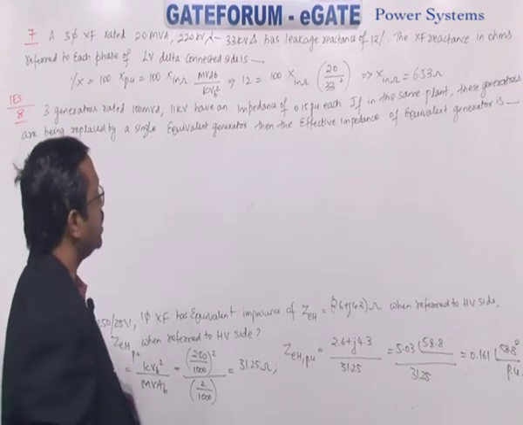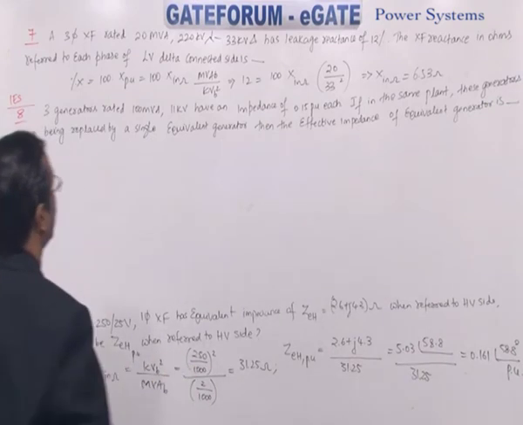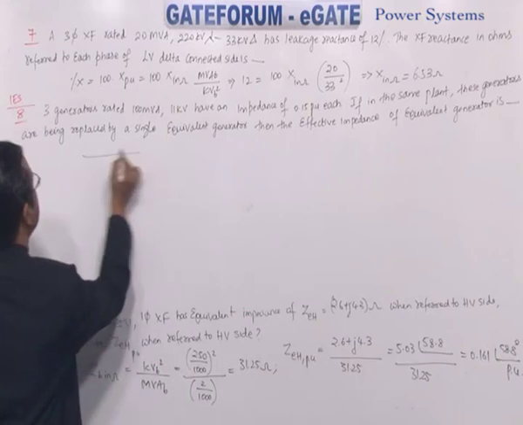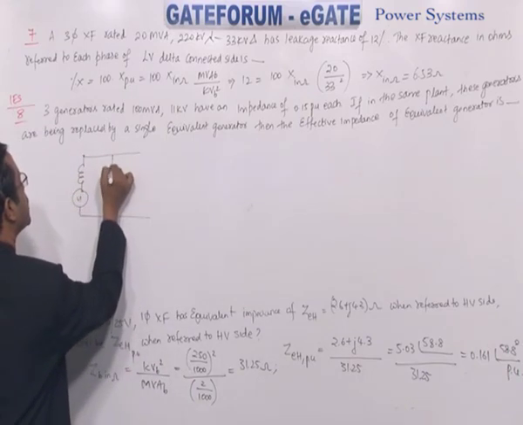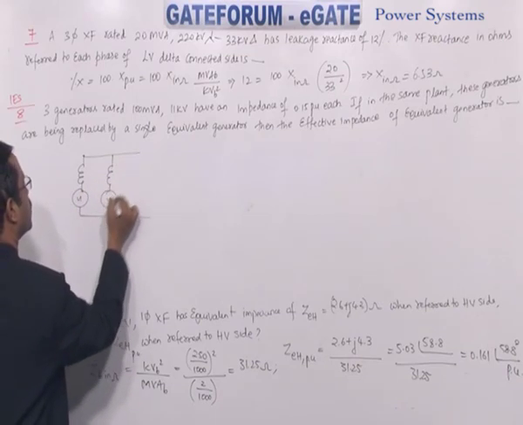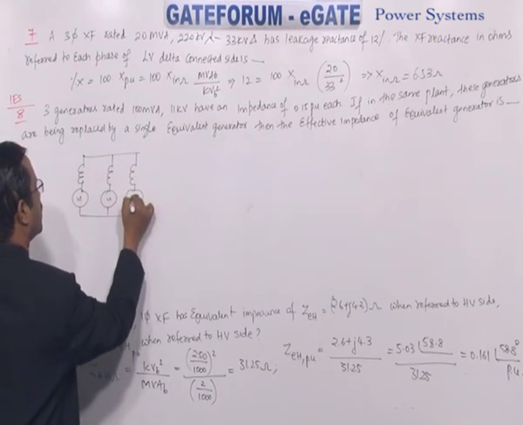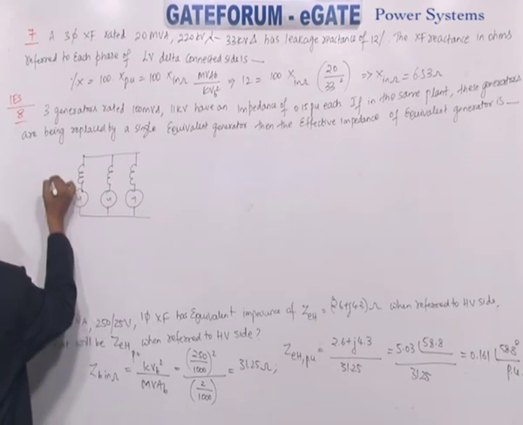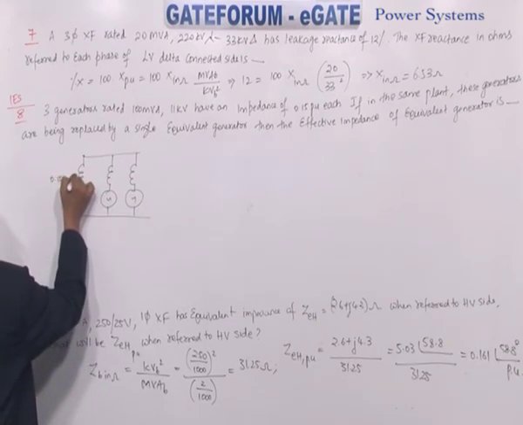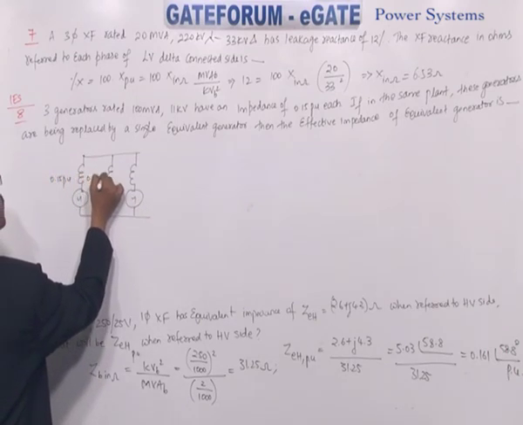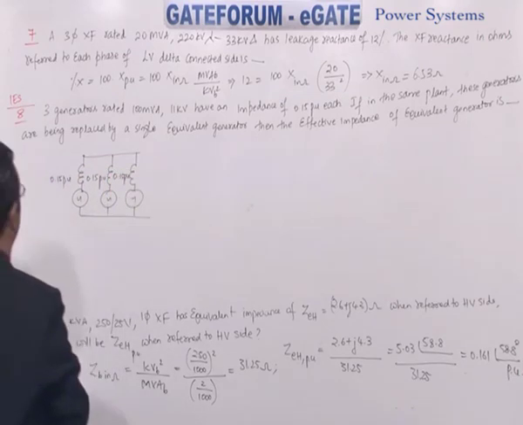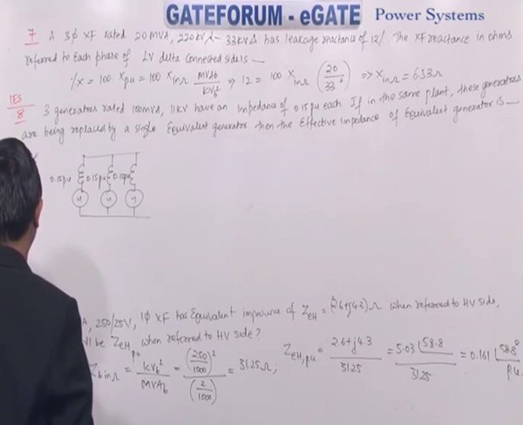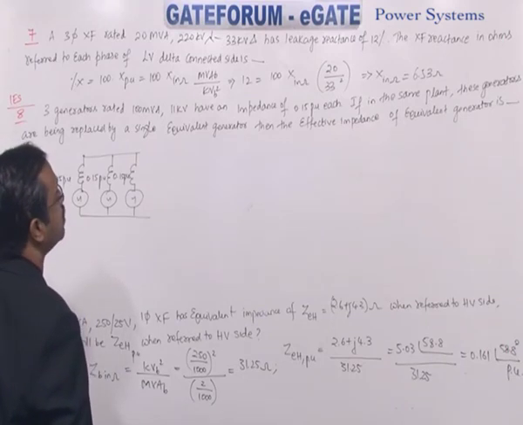So you are having three generators in parallel. So how you represent them? With the reactance and source in a series. 0.15, 0.15, 0.15. So what will be the equivalent reactance?